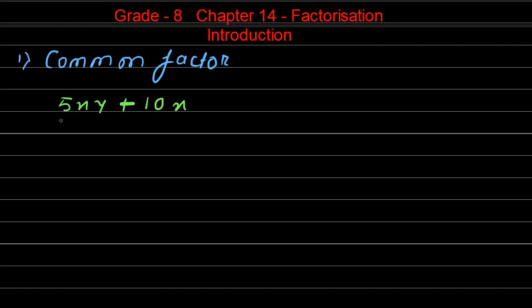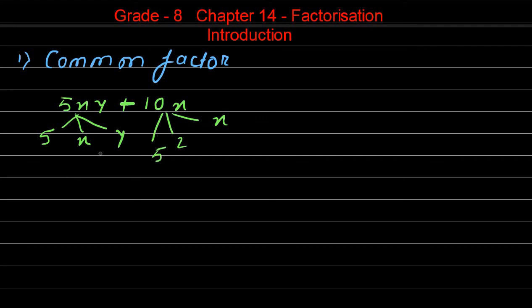Let me split its factors first. The factors of 5xy are 5, x and y. In the same manner, 10x has a factor of x first of all, and then 10 has 2 and 5, right? So these are the factors.